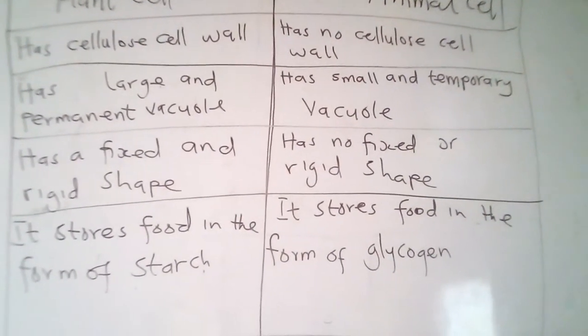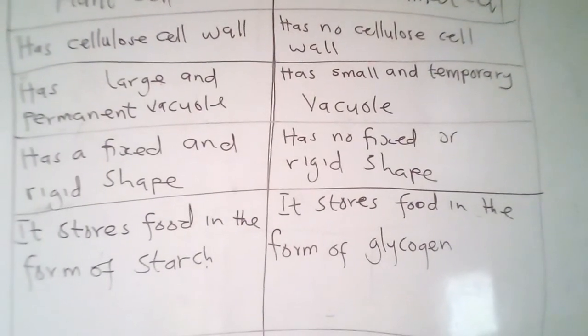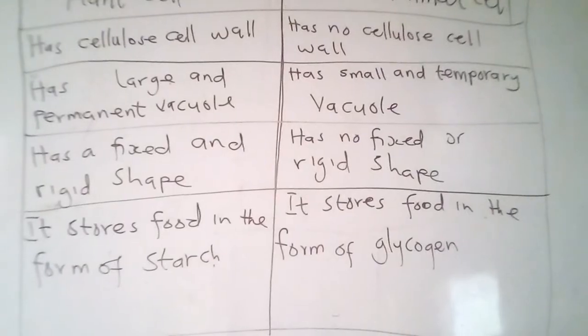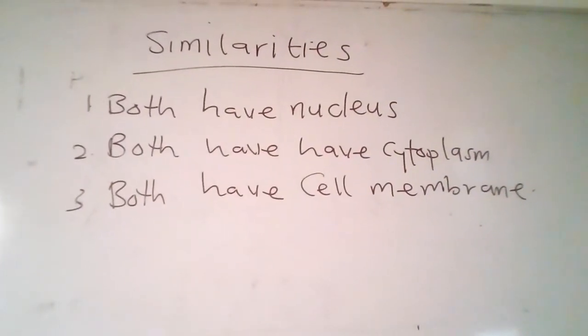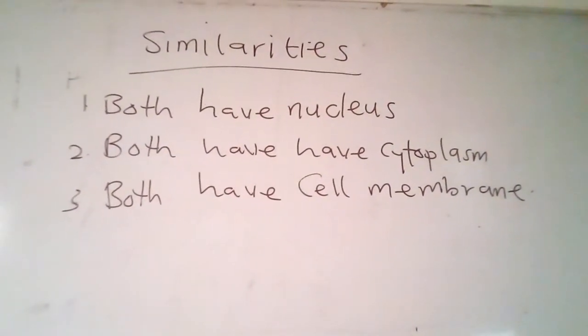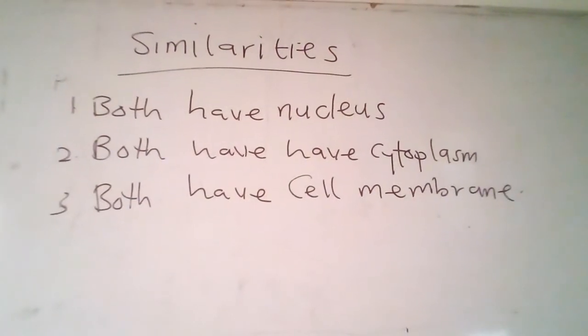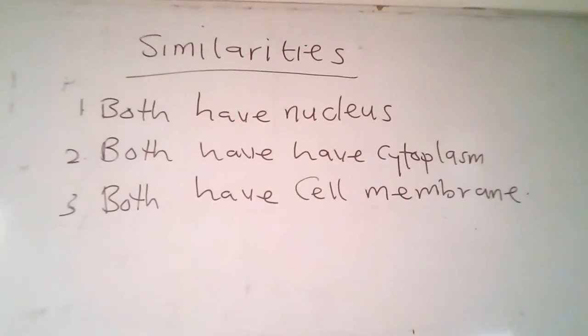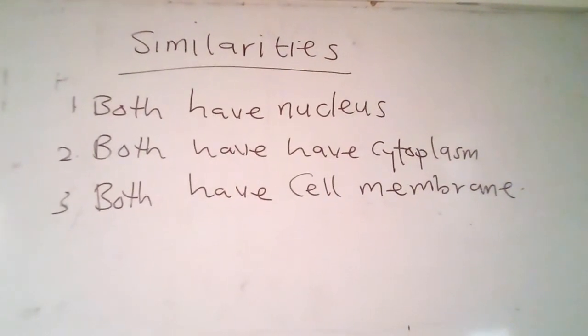Now let's bring out the similarities between a plant cell and an animal cell. Both have a nucleus. We saw that the plant cell has a nucleus, and the animal cell too has a nucleus.